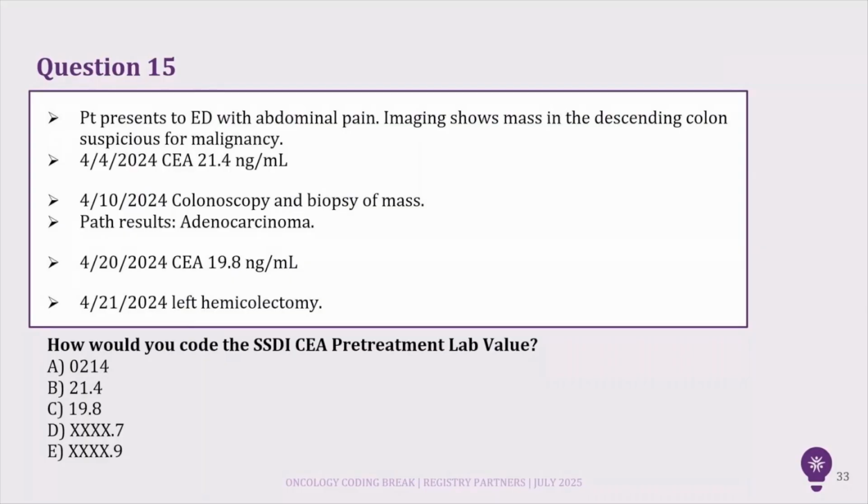Okay, we're going to go ahead and close this one. I think a majority of you are on the right path.